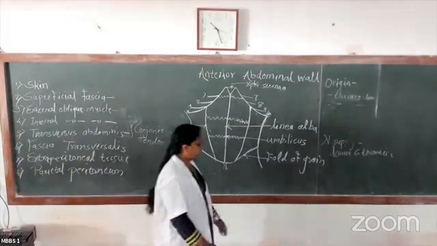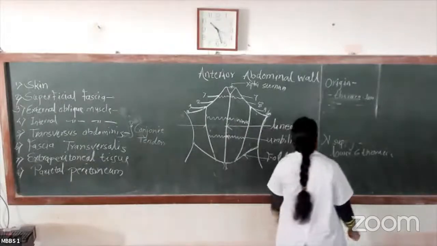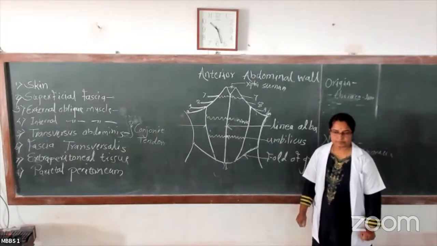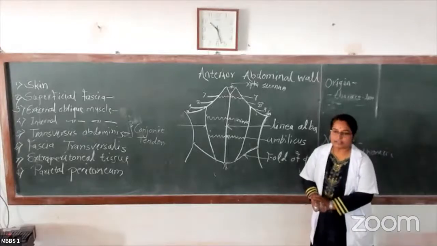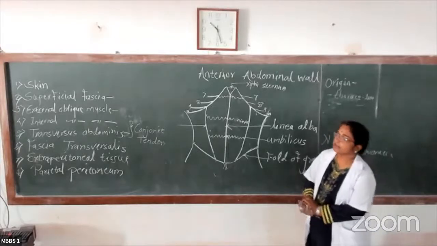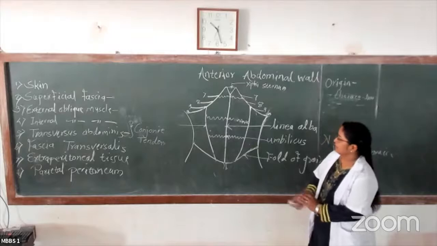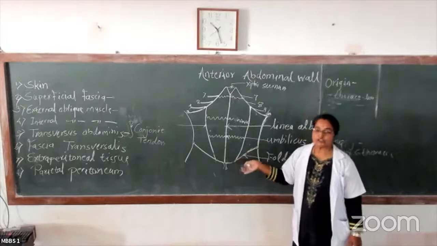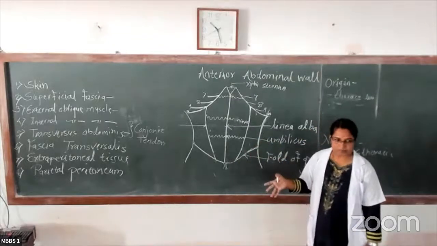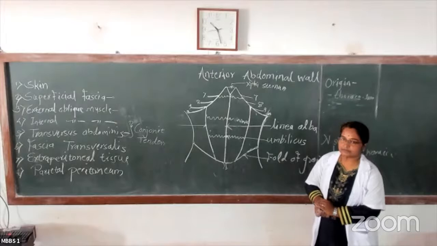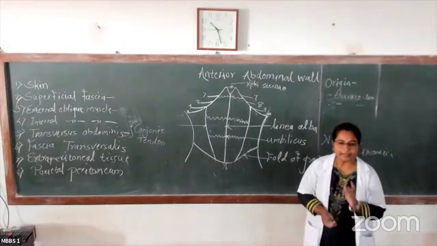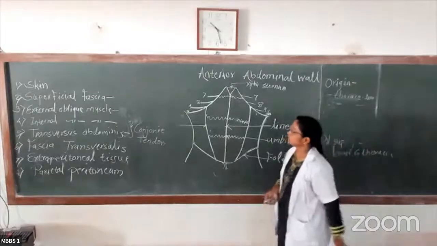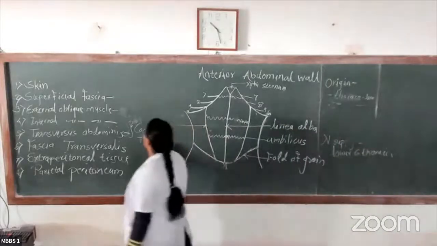The conjoint tendon is formed by the fusion of the aponeurosis of the internal oblique and the aponeurosis of the transversus abdominis muscle, and is inserted on the pubic crest and pecten pubis. This conjoint tendon is also called the falx inguinalis.